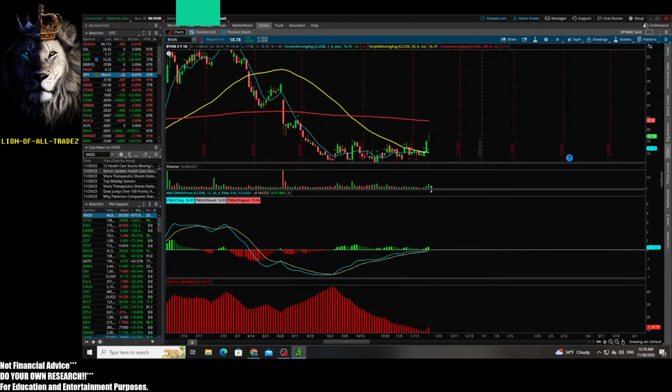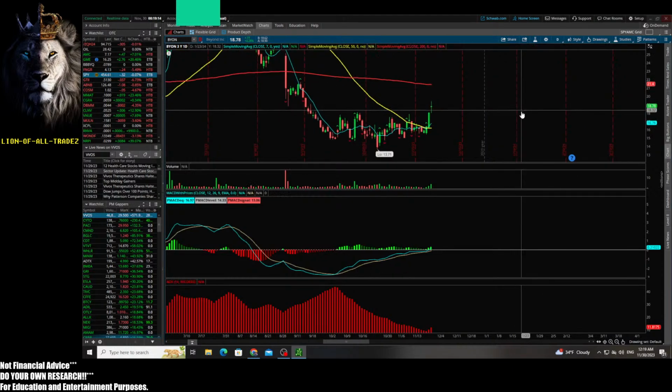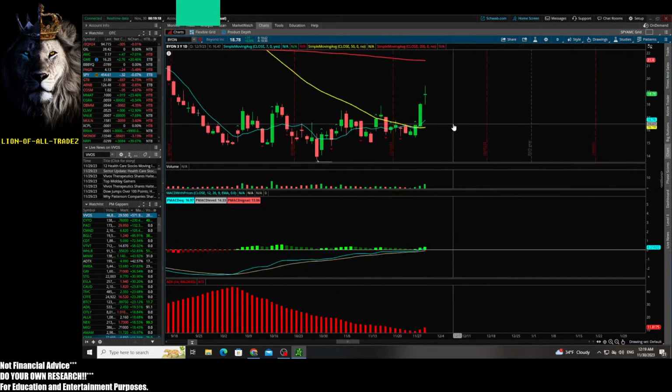Oh yeah. Look, it found its bottom here at 13.71, almost 14 bucks, and it slowly started coming up. And mind you, at the same time that GME started ripping, Beyond started doing the same thing.